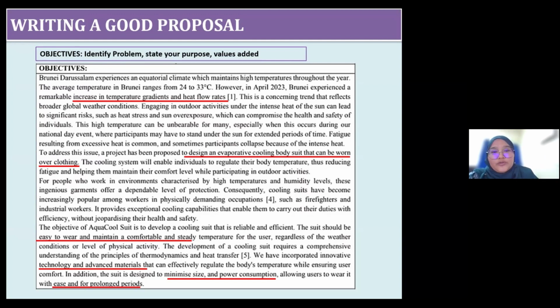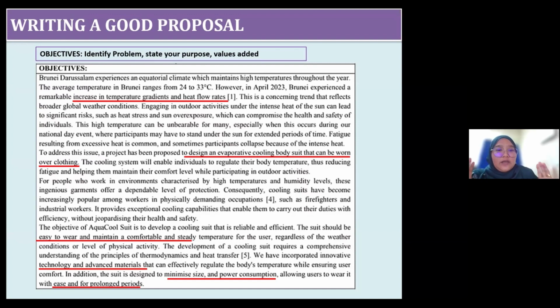In their objective, they highlighted that they are going to incorporate some innovative technology and advanced material to spell out the values added to their invention. They also said it should be minimal in size and low in power consumption, so the user or customer will be comfortable using this bodysuit even over a prolonged period.